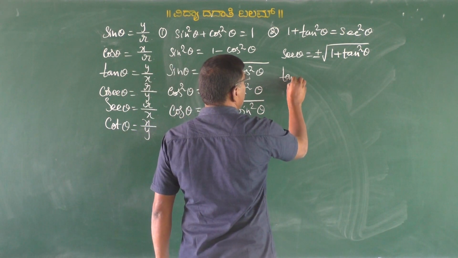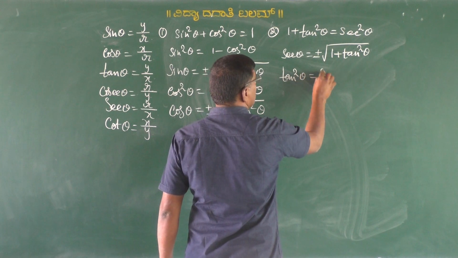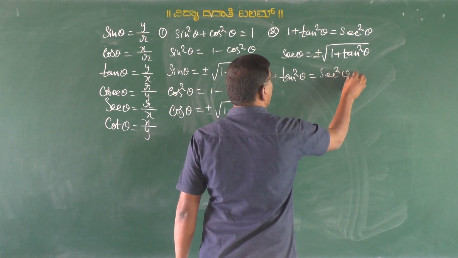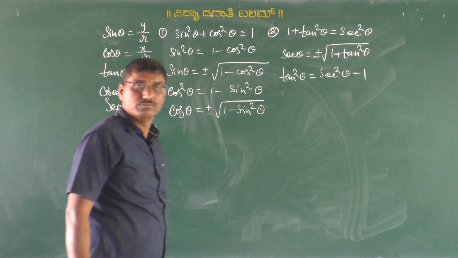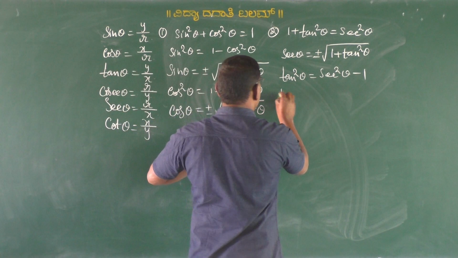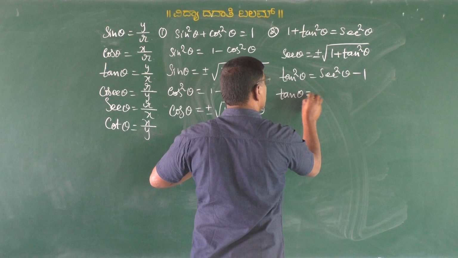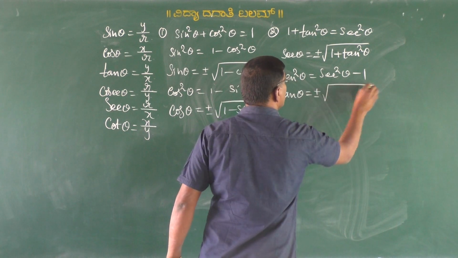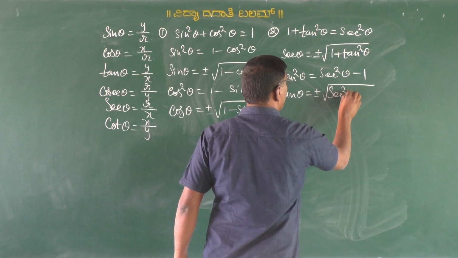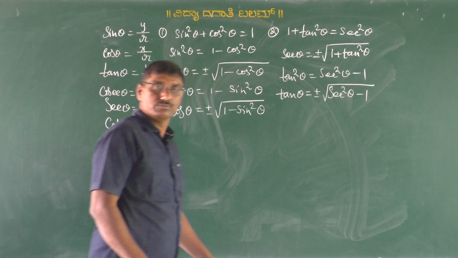Next, tan square theta is equal to secant square theta minus 1. From this, tan theta is equal to plus or minus root of secant square theta minus 1.